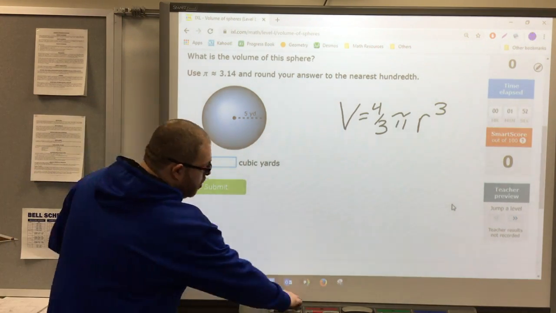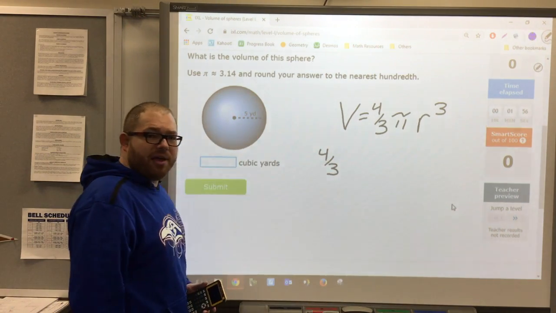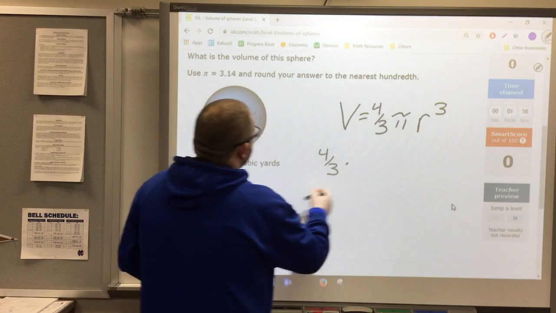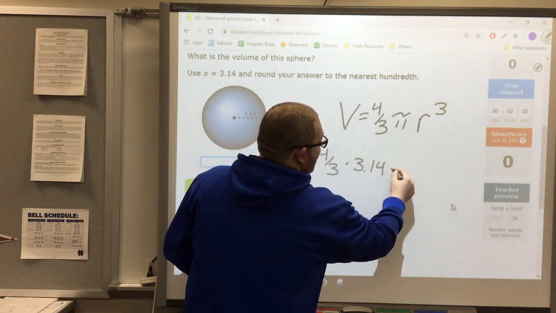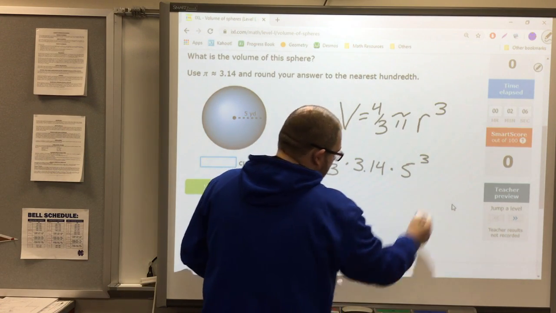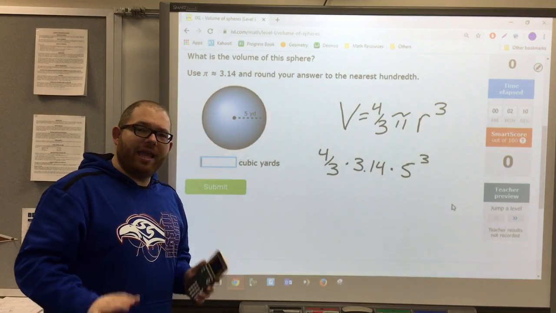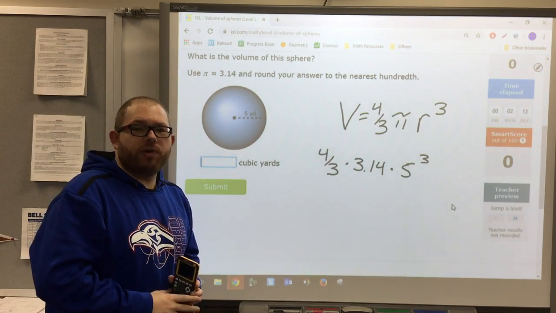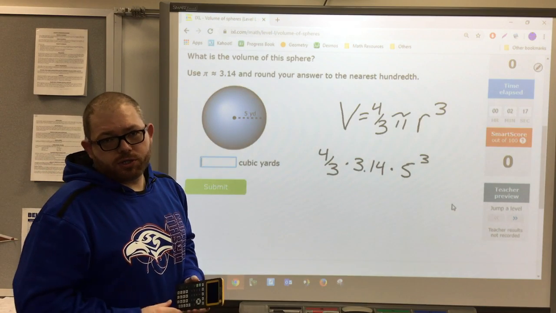For this first question, I will be taking 4/3, 4 divided by 3, times 3.14 times 5 to the 3rd power. Now for some of you, I think this one in particular is a really good one for you to do the 5 to the 3rd power first.